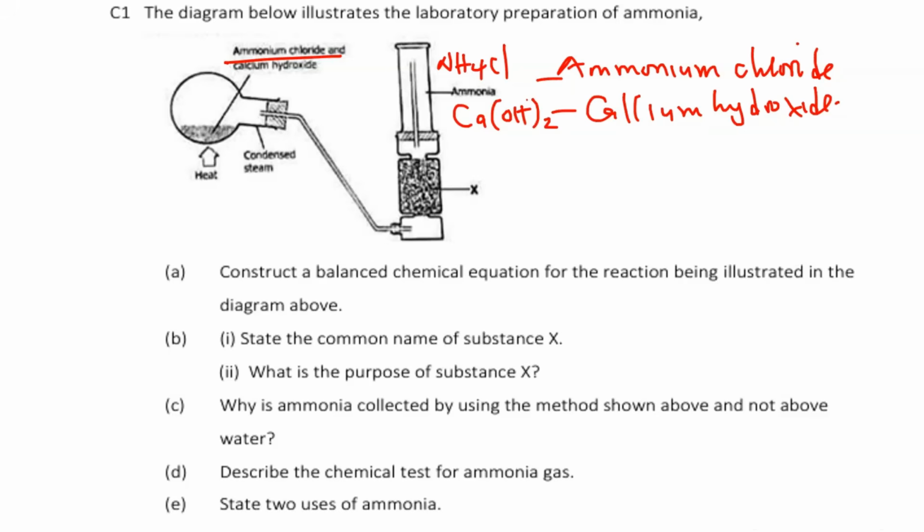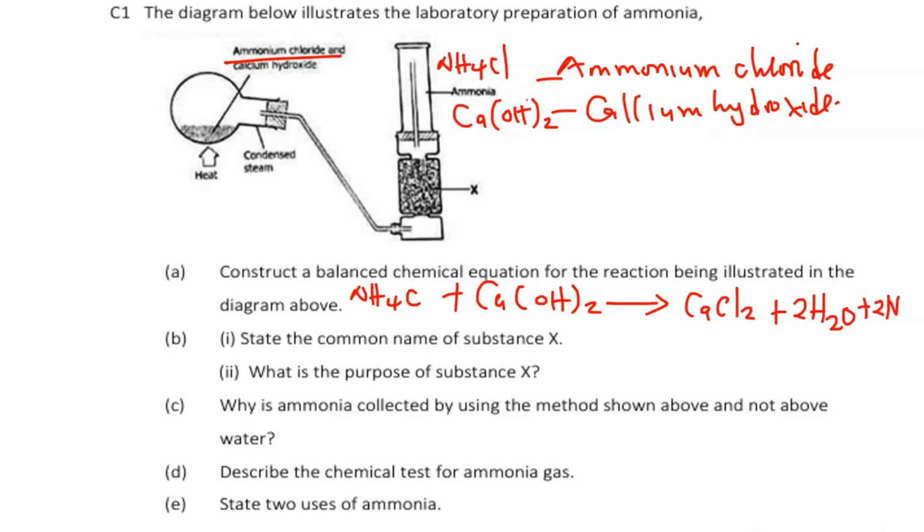The first one, as usual: construct the balanced chemical equation for the reaction illustrated in the diagram above. So let us construct the equation. Ammonium chloride is reacting with calcium hydroxide. What is formed is calcium chloride plus water, and plus 2 ammonia.